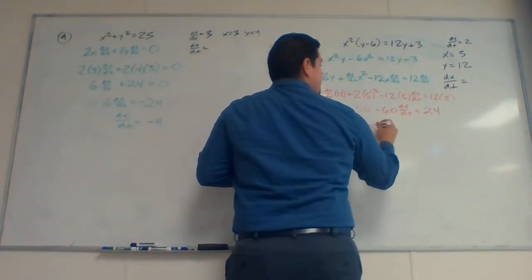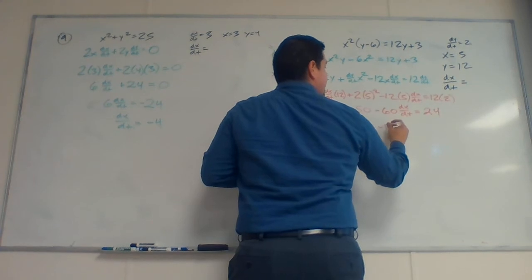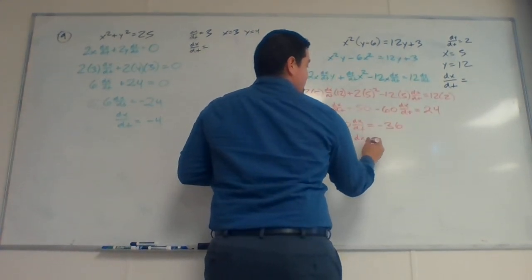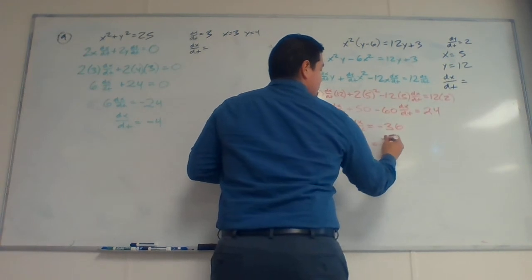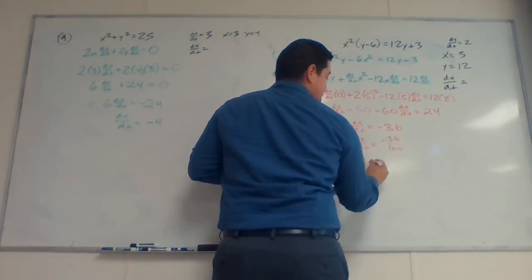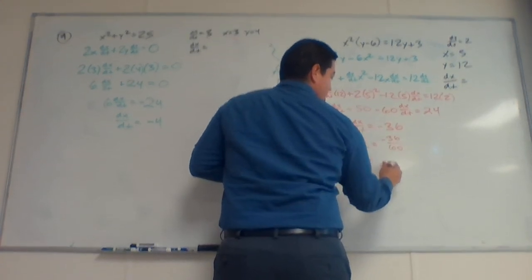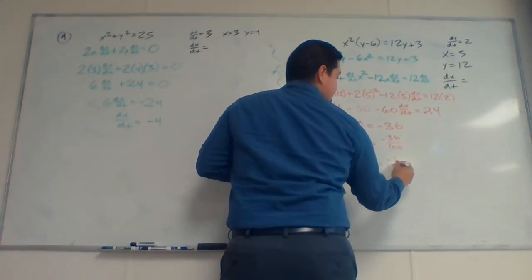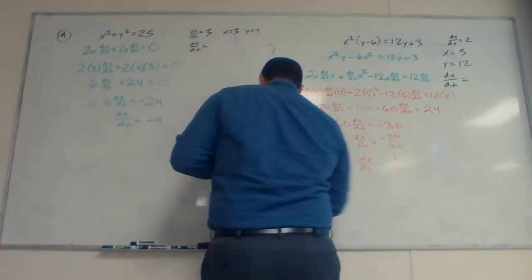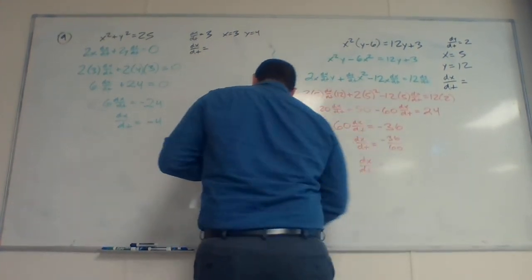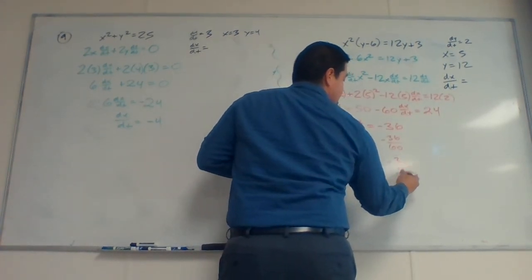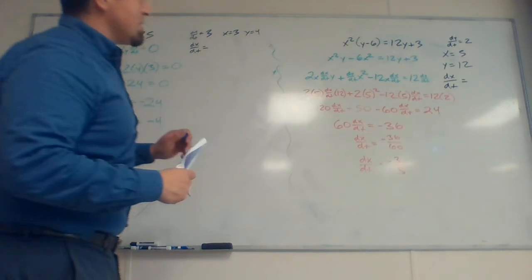Subtract 50, you get negative 36, and then divide by 60. Negative 36 divided by 60, you can reduce by a factor of 6, negative 6/10, or reduce by 12, negative 3/5. That would be dx/dt.